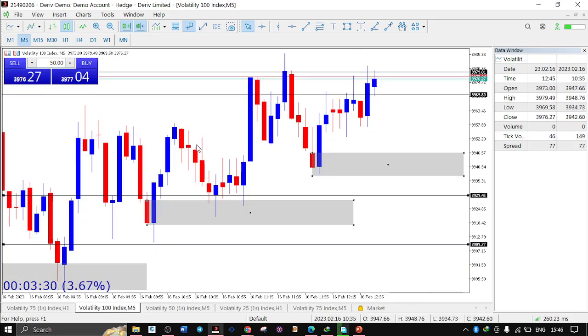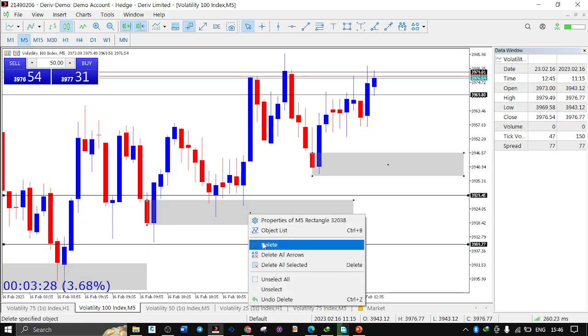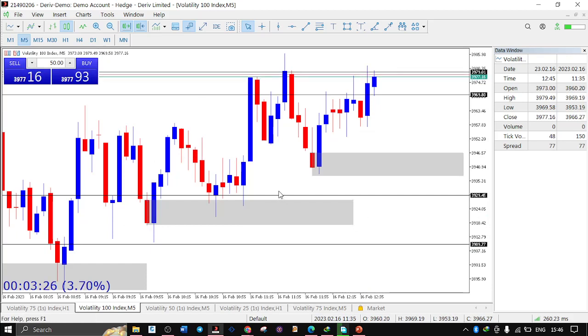Since you're in buying, during the uptrend you'll be making money. During the downtrend you'll be making losses, but it continues moving.